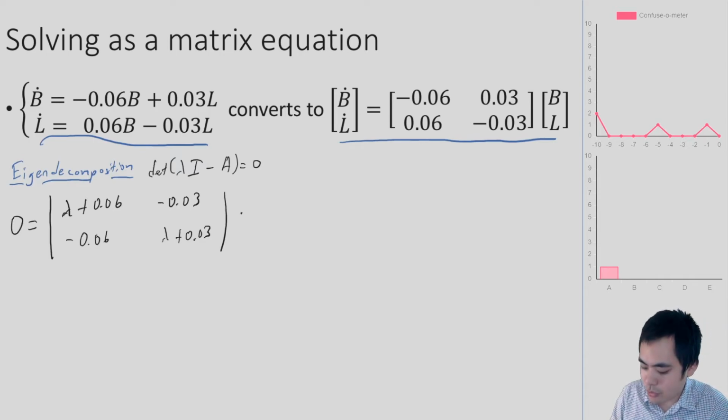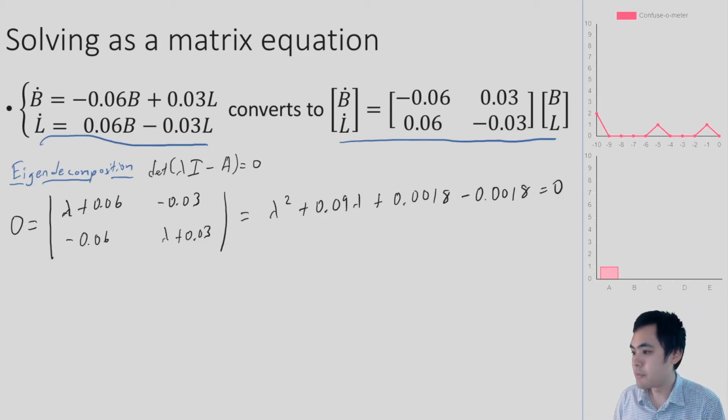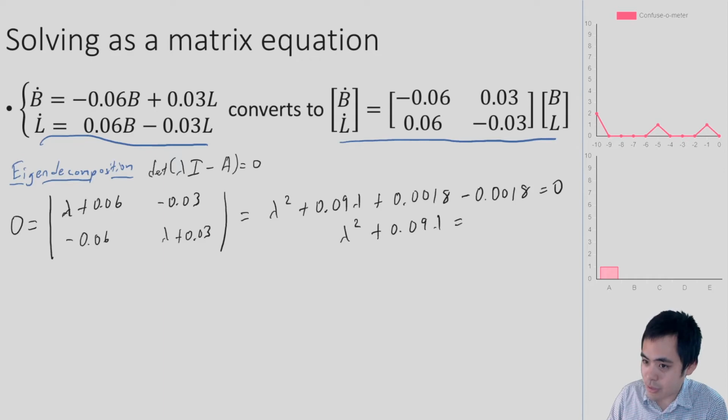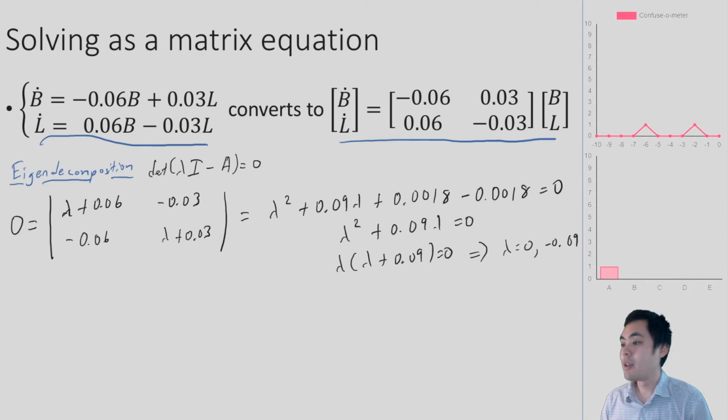And so this is lambda squared plus 0.09 lambda plus 0.0018 minus 0.0018 equals 0. When we rewrite this, you get lambda squared plus 0.09 lambda equals 0. Lambda times lambda plus 0.09 equals 0. And therefore, our two eigenvalues are 0 and minus 0.09.